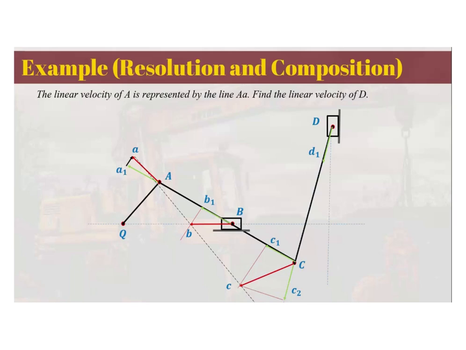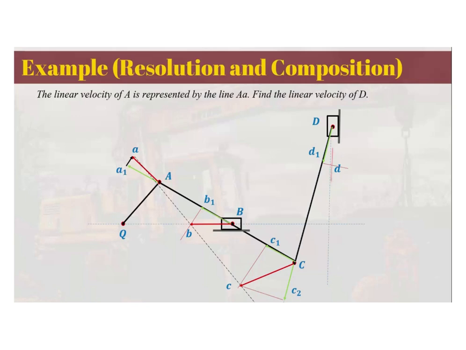And finally, to obtain the velocity of D, since we know the direction of D is constrained to move in this direction, we're going to draw a perpendicular line to the head of D1. That's D1D. And finally, along the direction, you draw the absolute velocity of D.